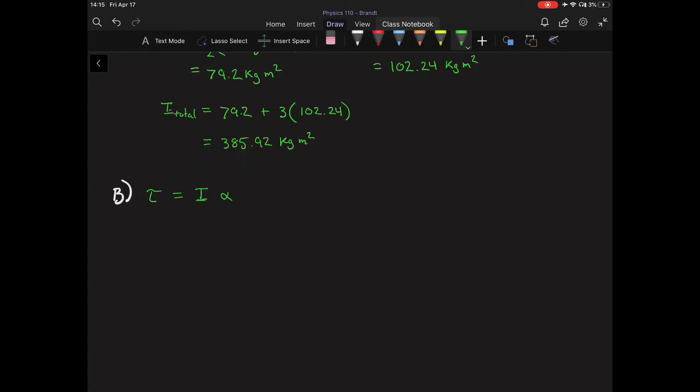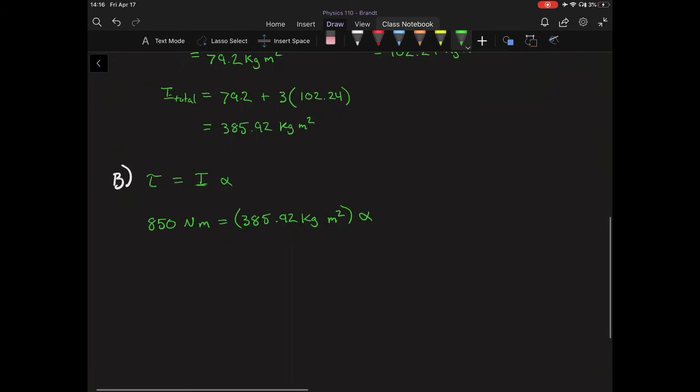It gave us the torque of 850 newton meters. We already found our I from the previous problem at 385.92 kilogram meters squared. For I, we're looking for alpha.